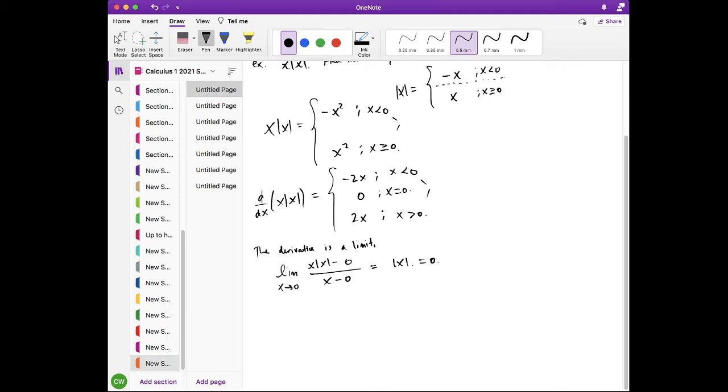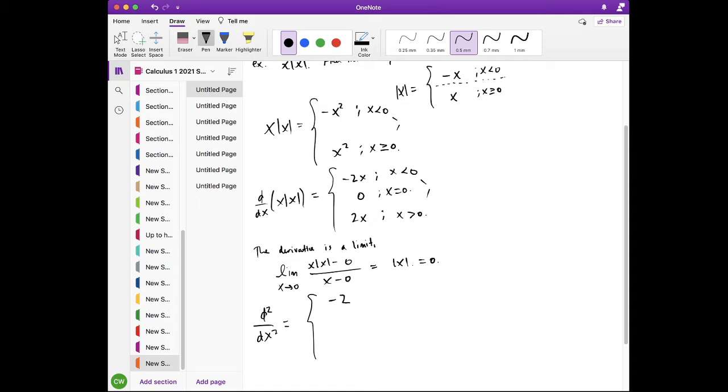Okay, so now let's look at the second derivative. What's the derivative when x is less than 0? Look at the second derivative now. -2.